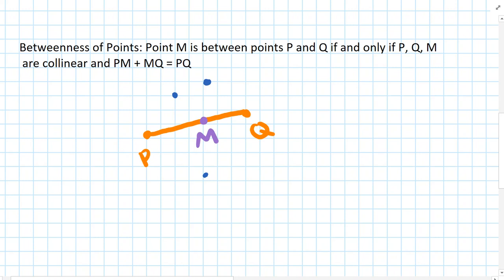And then we can clearly see that this statement down here has to be true. If M is on this line PQ, then the measure of this segment PM plus the measure of this segment MQ, when we combine them together, is going to give us that whole segment PQ.